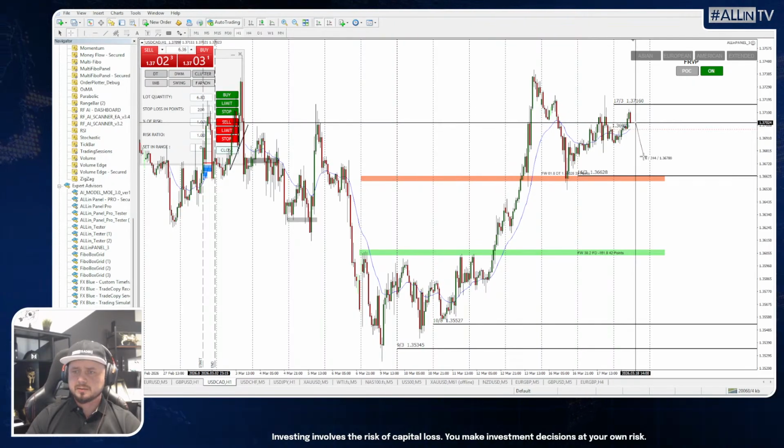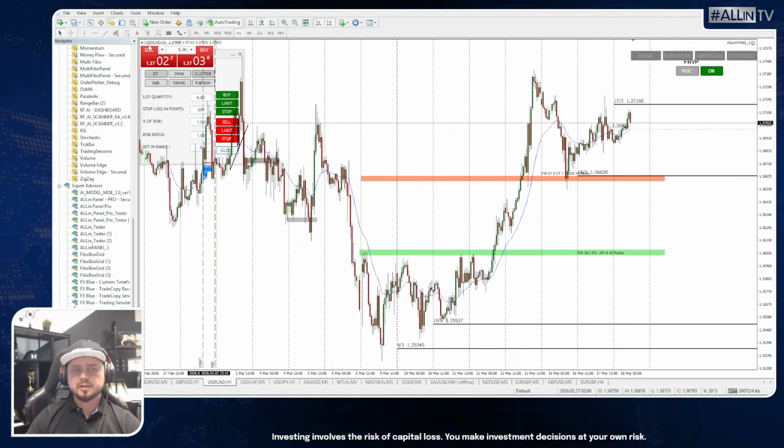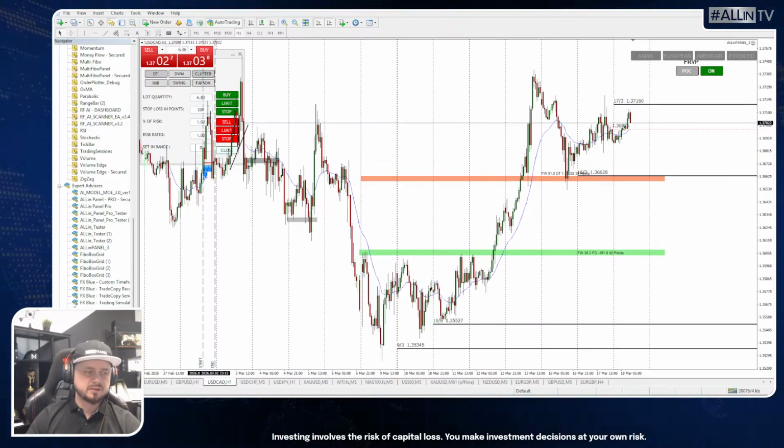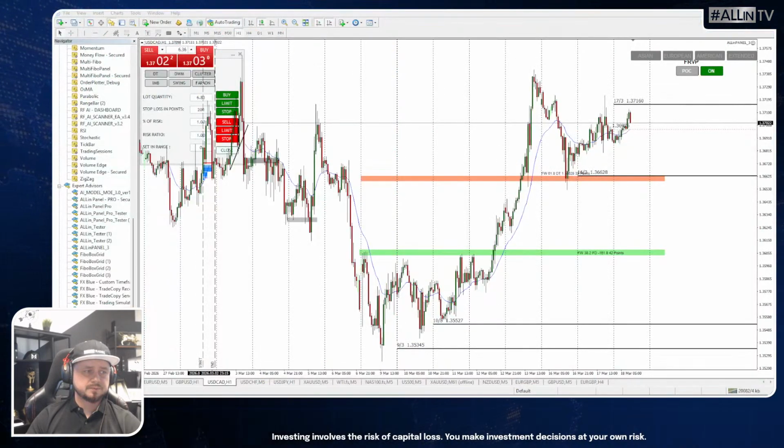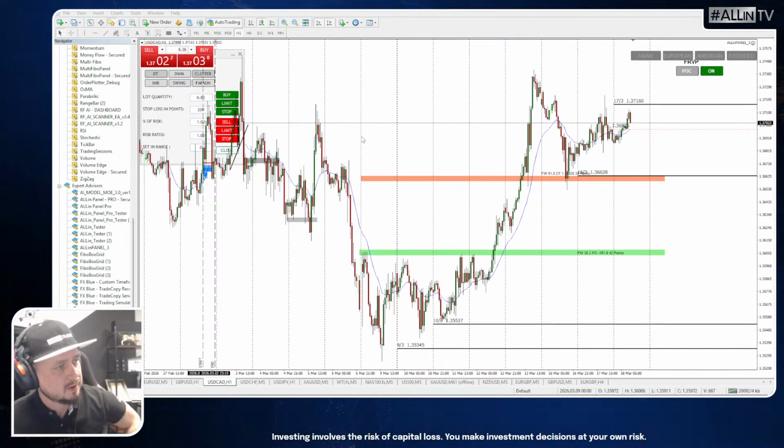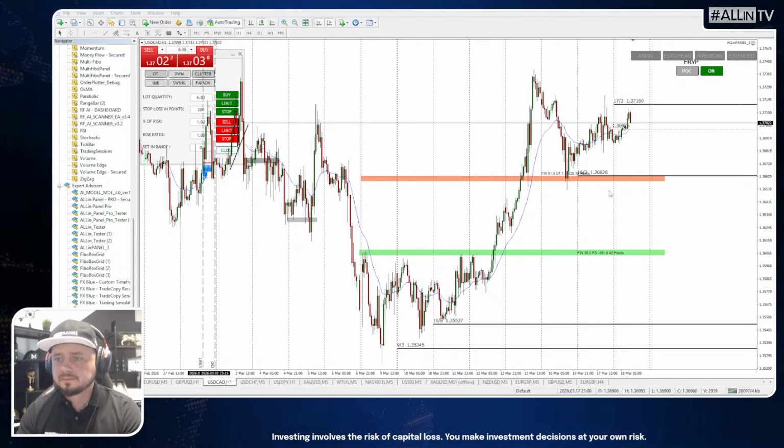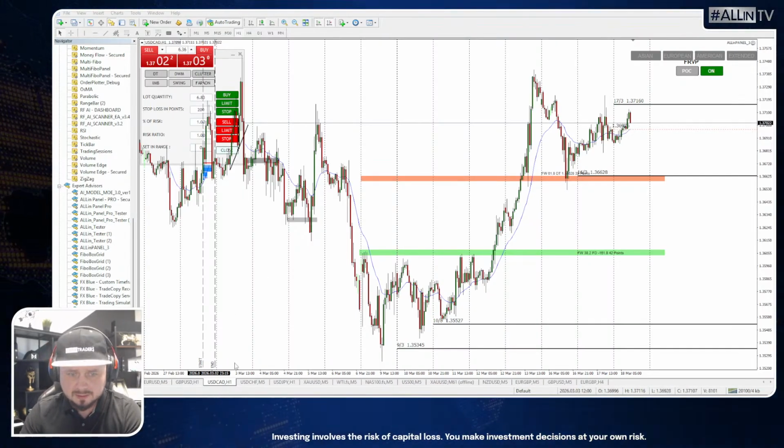This is quite far. I'm not going to set the pending order because this is USD CAD, and later on we've got some news, guys. So there's no point for us to do it. We need to skip that.